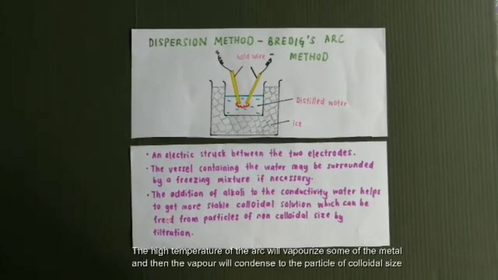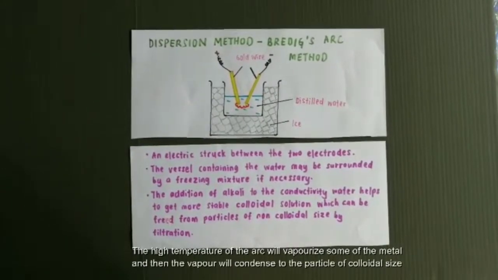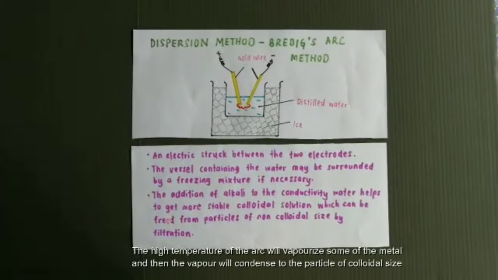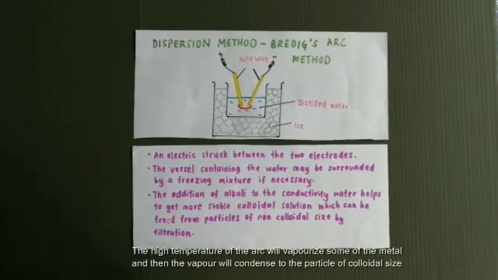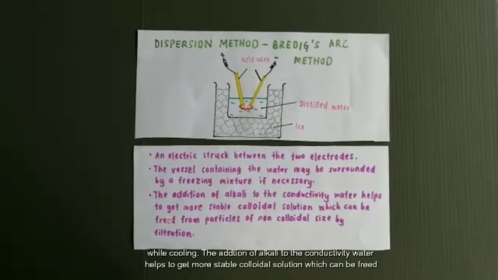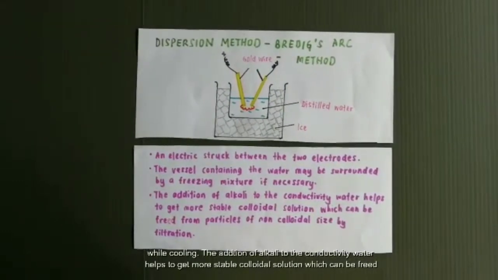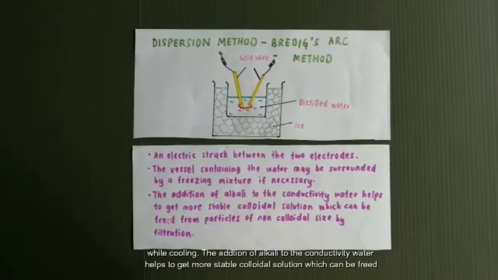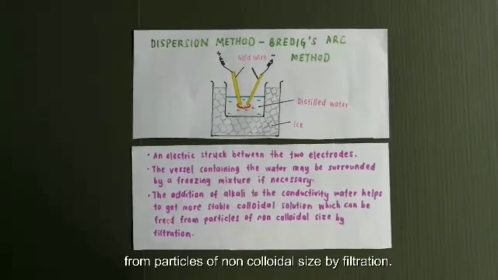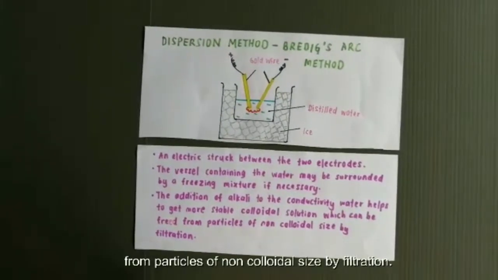The high temperature of the arc will vaporize some of the metal, and then the vapor will condense to particles of colloidal size while cooling. The addition of alkali to the conductivity water helps to get a more stable colloidal solution, which can be freed from particles of non-colloidal size by filtration.